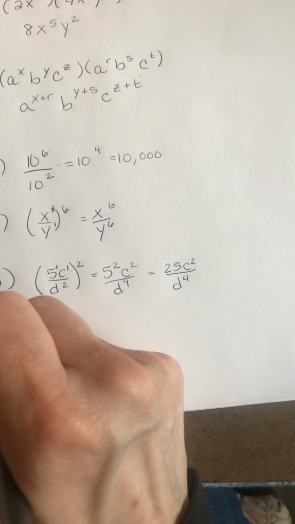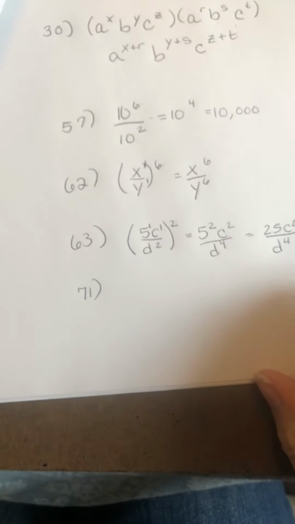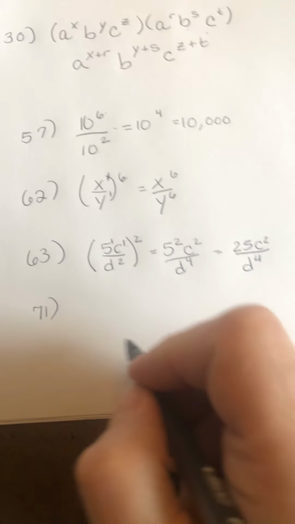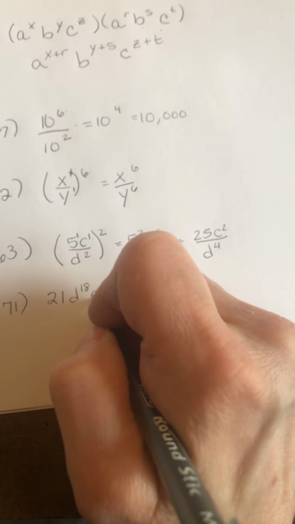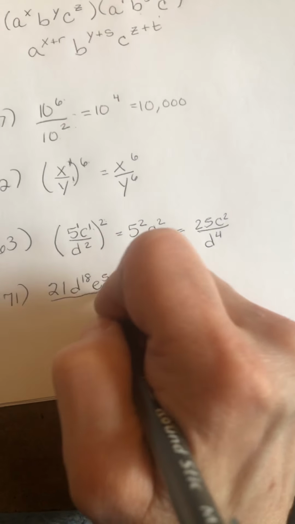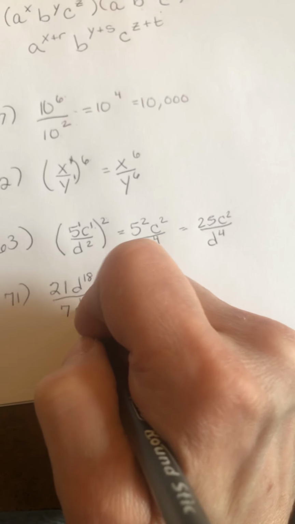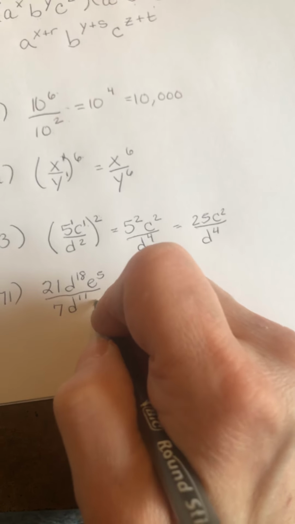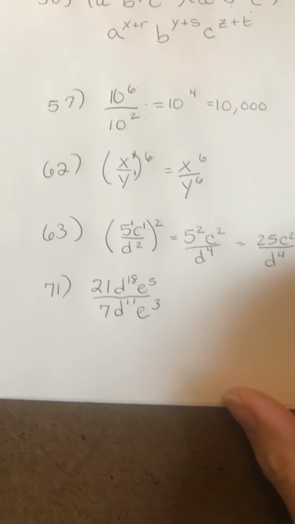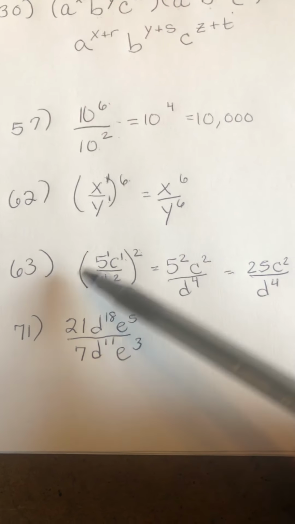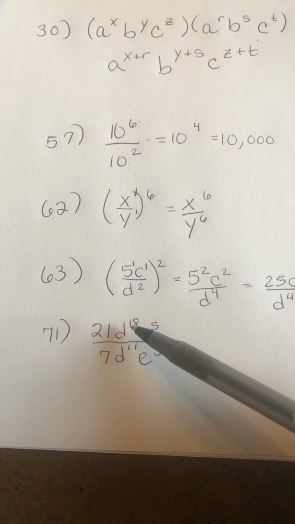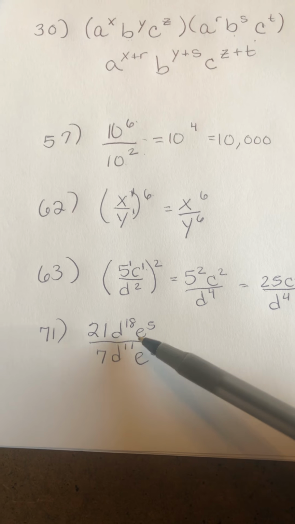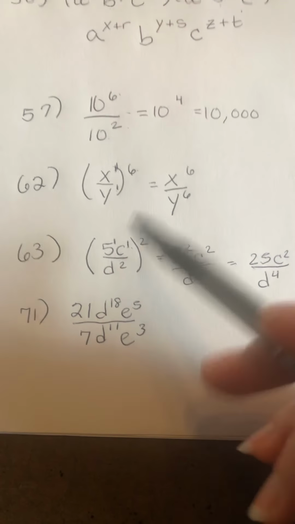All right, let's try one more. Let's try problem number 71. Problem 71 is 21d to the 18th power e to the 5th power divided by 7d to the 11th power e cubed. So we have some like bases that we're dividing. We have to remember when we divide like bases, we keep the base and subtract the exponents.